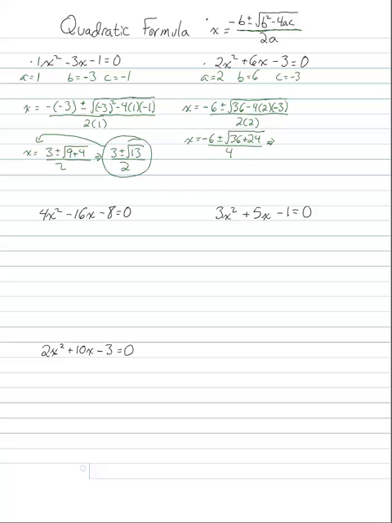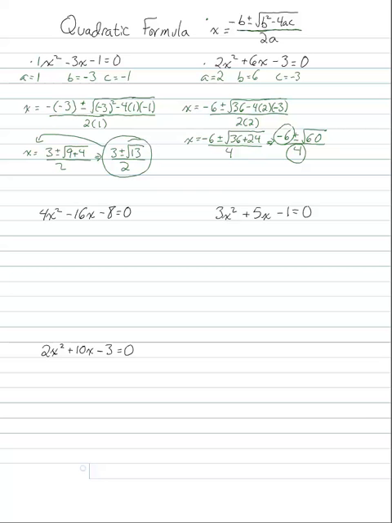So negative 6 plus or minus the square root of 36 plus 24, which is 60, over 4. Now I can simplify it a little bit. If I look at this, I have 6 on the top and 4 on the bottom. I cannot simplify those yet. This is going back to working with fractions. I can't simplify fractions if I'm adding or subtracting something. I can only do it if I can factor a number out.